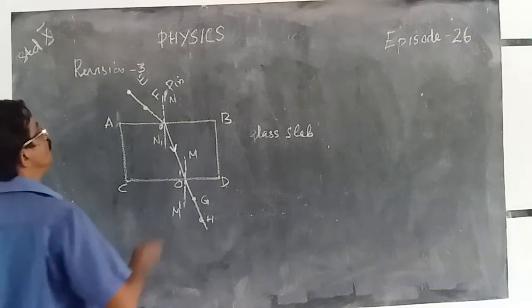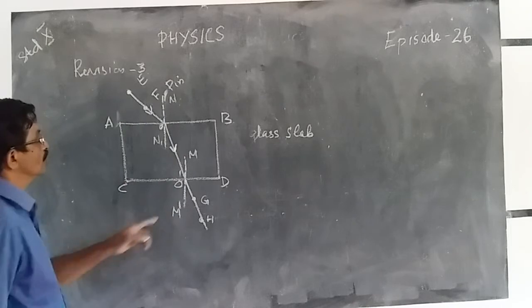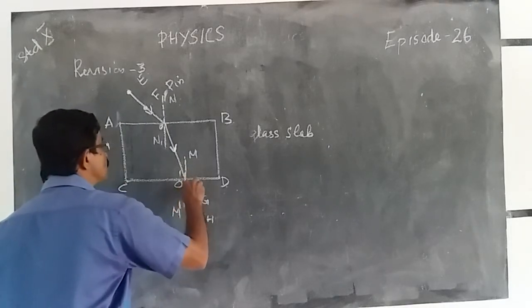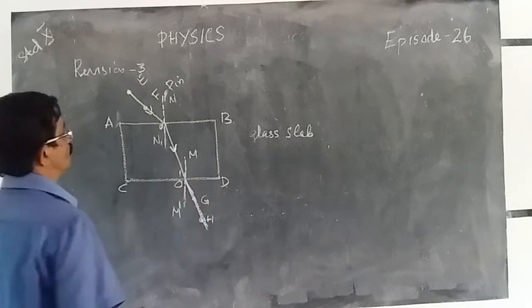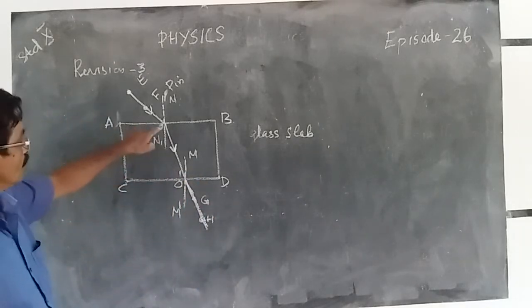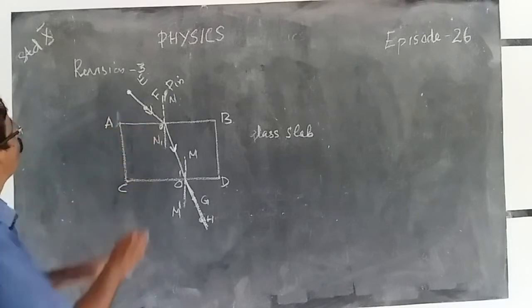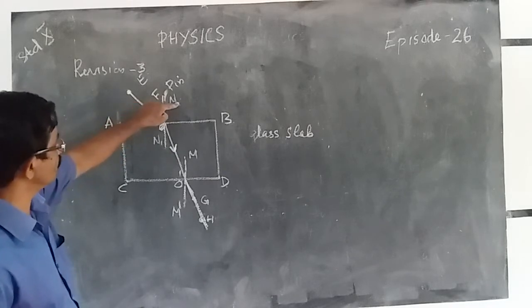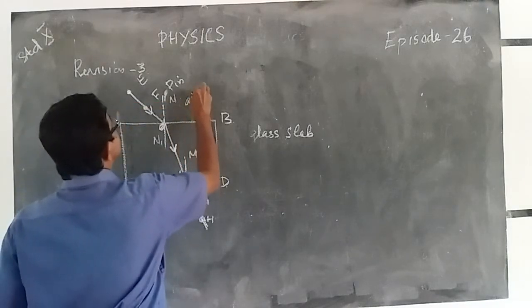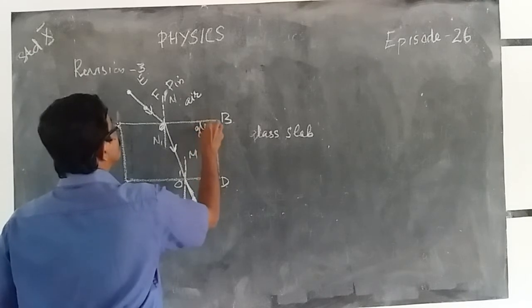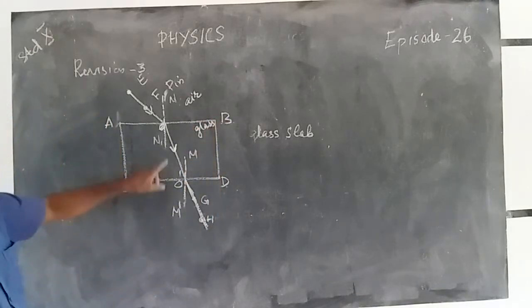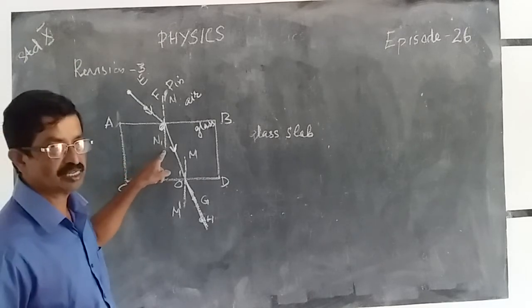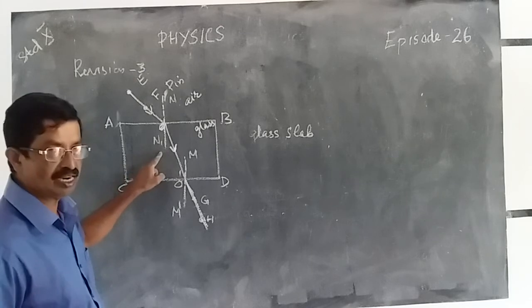See this light, now it bends here. That means light is bending at the point O when it travels from air to glass. The refracted ray bends towards the normal.